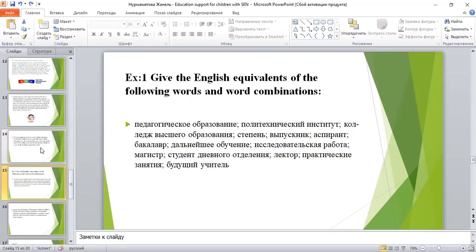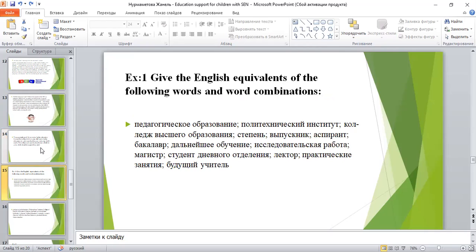And here I give you some words and word combinations for translating into English. Now let's do the exercise. Let's translate these words.